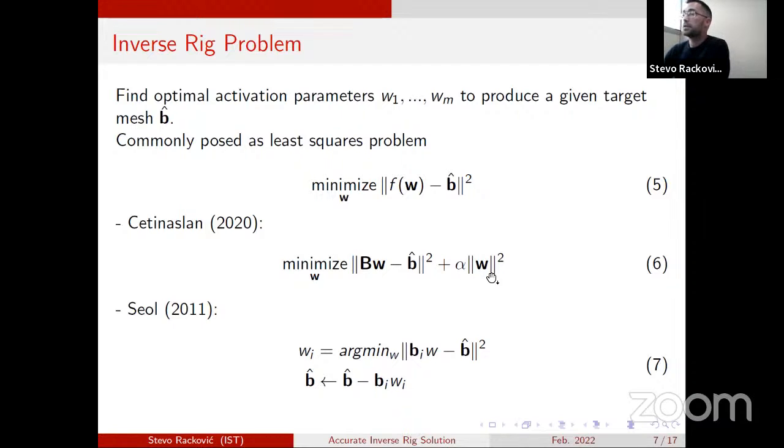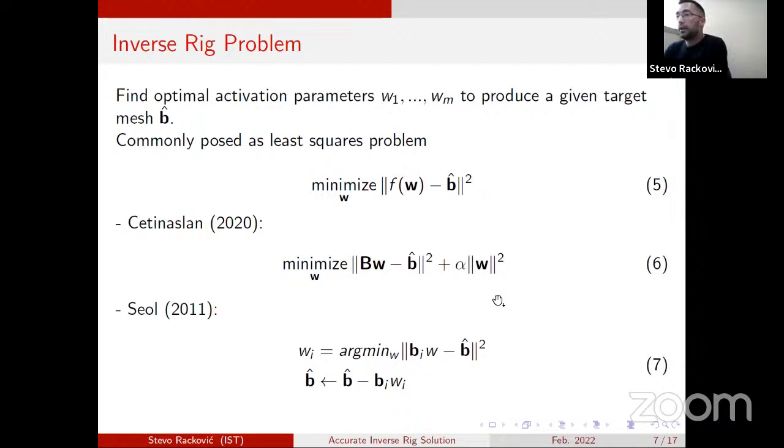This is used because the solution to the blend shape is not unique. We can have, for example, two activated components that are mutually exclusive. For example, moving the corner of the mouth up and moving the corner of the mouth down. If they are both activated, the corner of the mouth would look like it was not moved at all, but we have redundancy in the controller. So this should solve that problem.